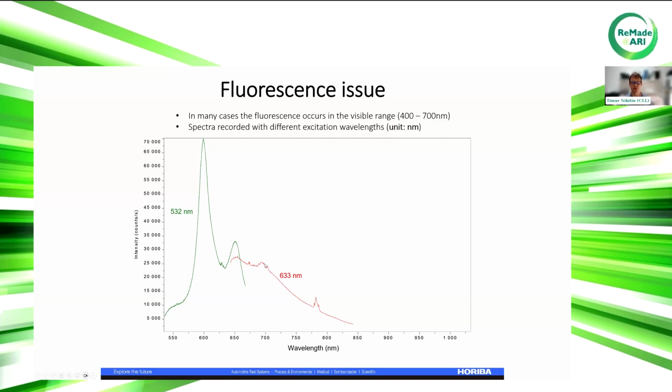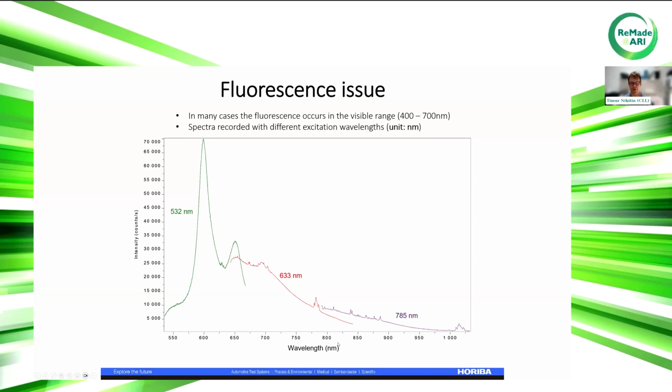And now we can see the Raman bands a bit better. And then further, the situation improves even better if we use a near-infrared laser, and then we are in the tail of the fluorescence, which is now becoming quite low, and then all the Raman bands are much more visible.